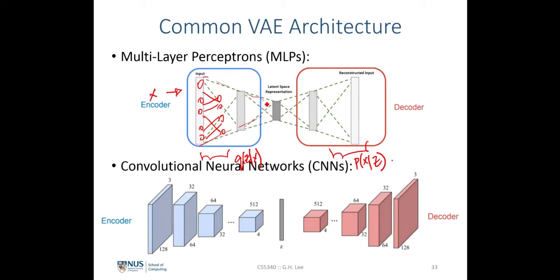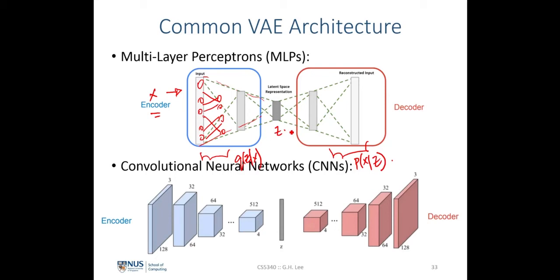So the size of the outputs of each hidden layer in the encoder is gradually decreasing until we reach a much smaller space of Z, our latent code. That's why this is the term encoder, because we're encoding the higher dimensional input into a lower dimensional representation of Z.